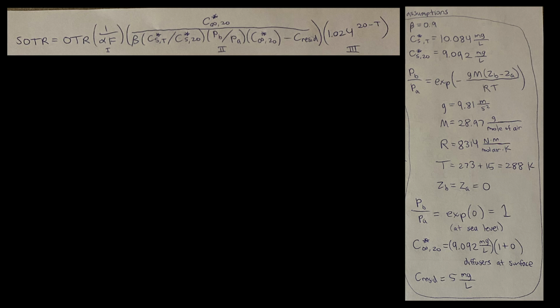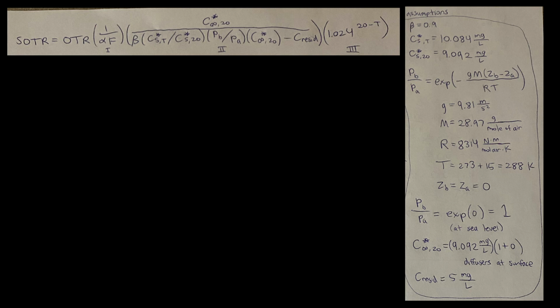The first one is the factor that adjusts according to fouling of the aerators. The second term here is adjusting based on the relative difference in temperature and elevation and oxygen concentrations that vary according to those two parameters. And the third term here is adjusting for temperature.